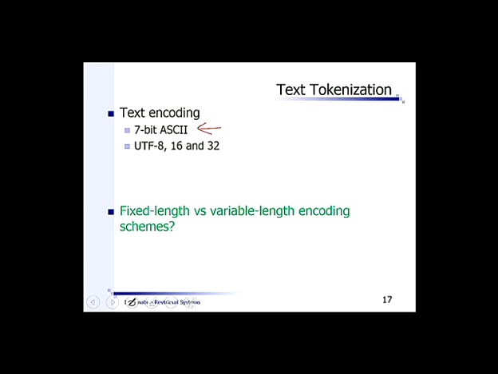It was only a 7-bit format, so it could not handle more than 256 characters. But now we have Unicode, UTF-8, 16, and 32, which can handle, I believe, all the languages in the world, right?